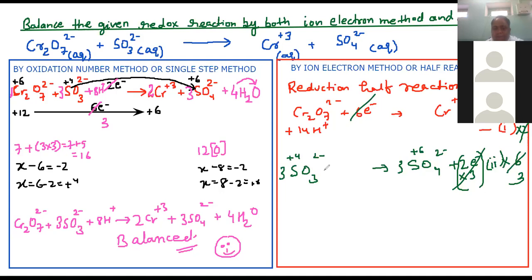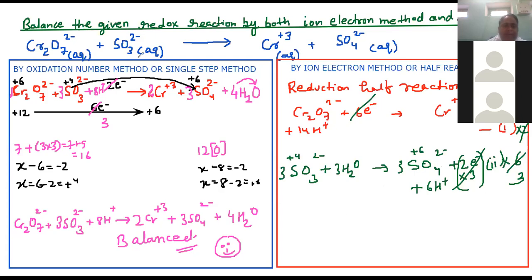So we will add 3H2O. If I add 3H2O, then it will become 9 oxygen plus 3 oxygen, 12 oxygen, and here 12 oxygen. But hydrogen is becoming less this side, so we'll add plus 6H+.